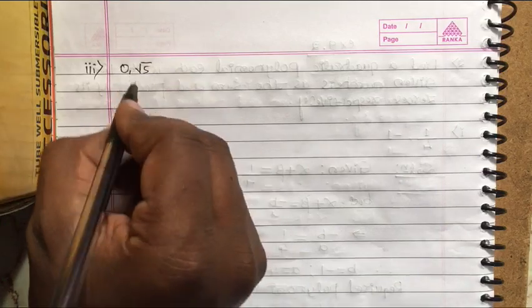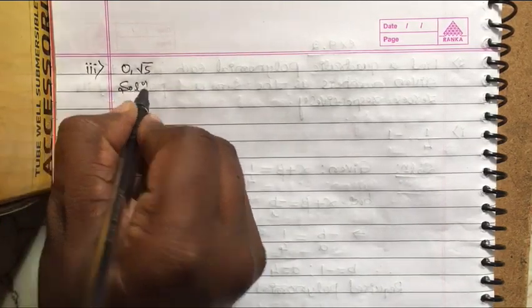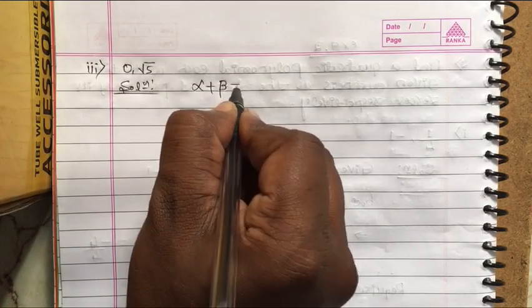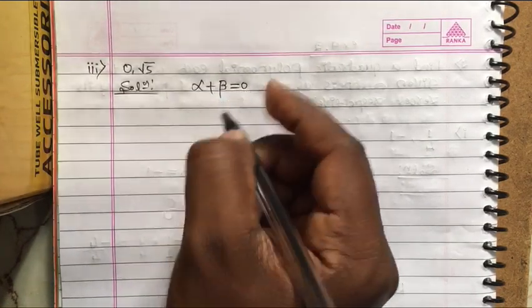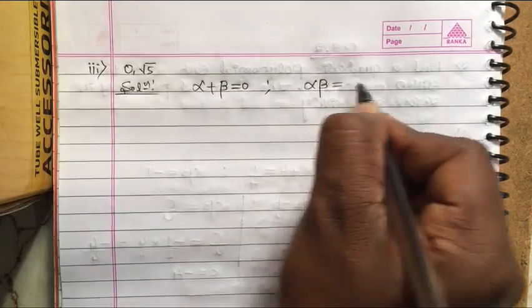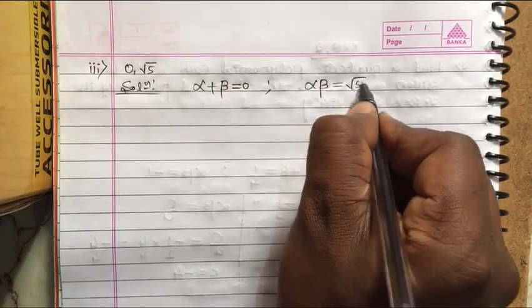Well, the third sub question, it is 0 comma root 5. So here alpha plus beta is equal to 0, and alpha beta is equal to root 5.